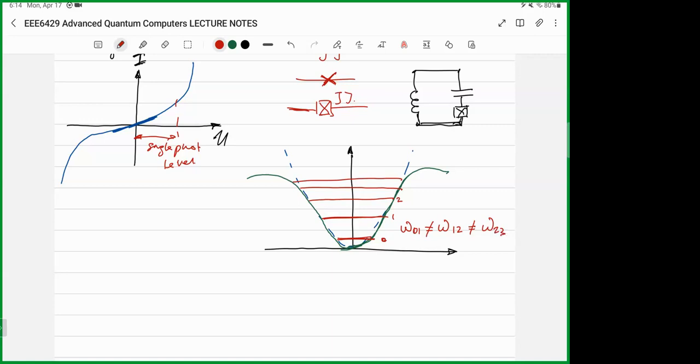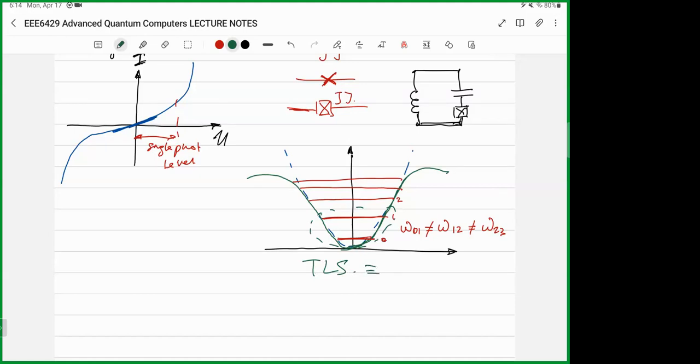So you get these different frequencies of energy transitions. And again, this allows us to select these levels, for example, these two fundamental levels, and use them as a two-level system, right?